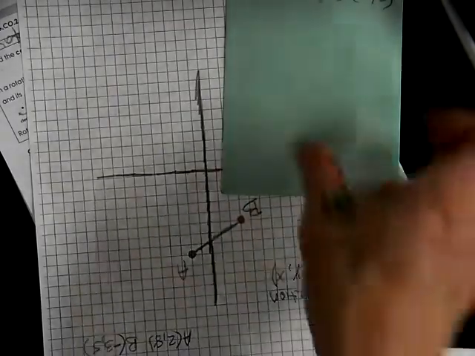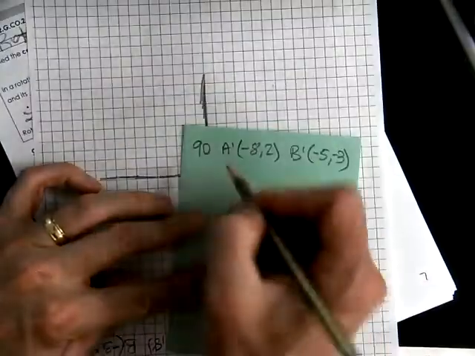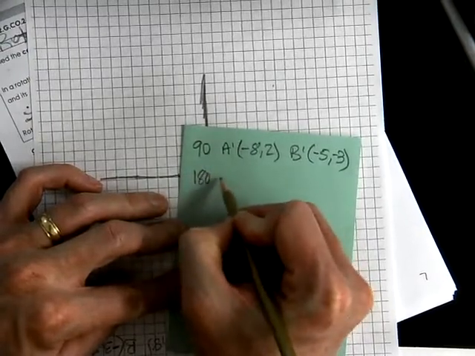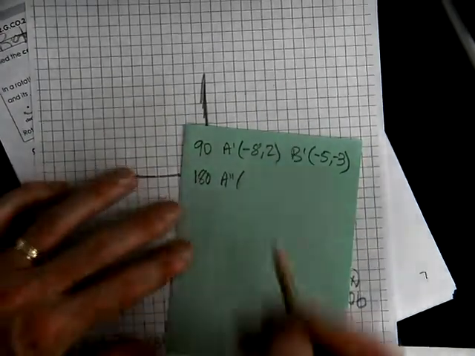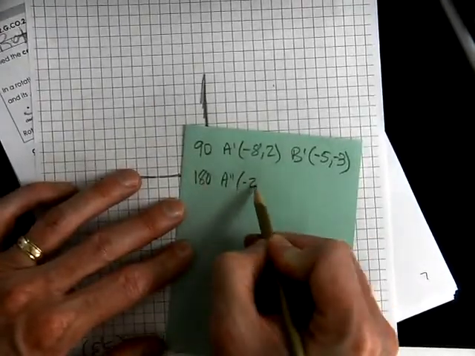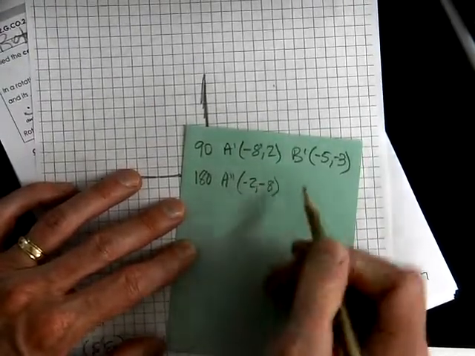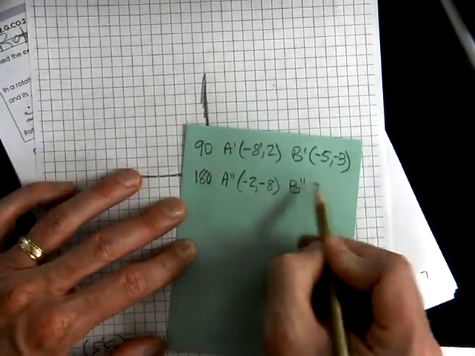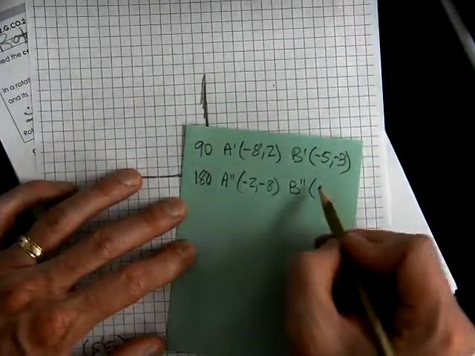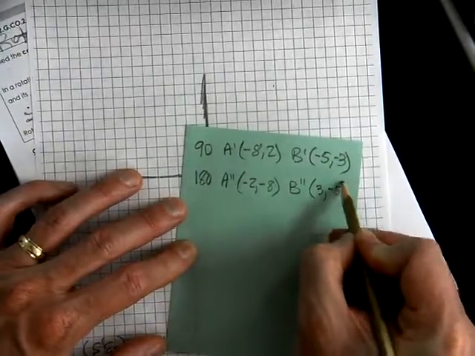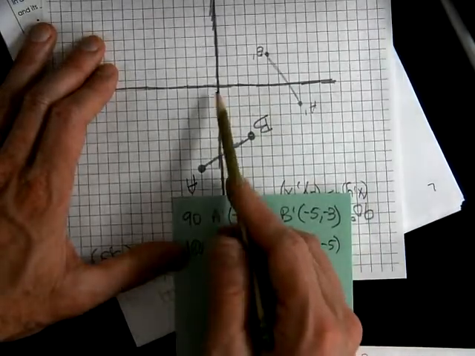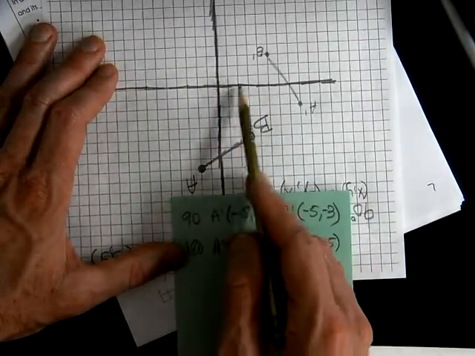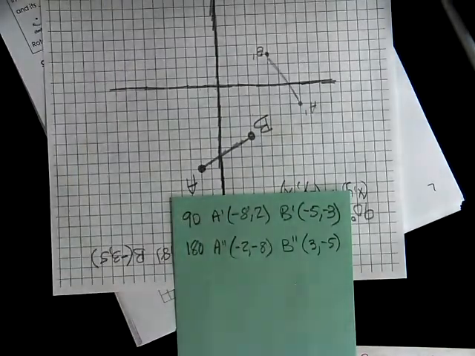For 180, our new coordinate is (-2, -8). And our B double prime is (3, -5). 2 to the left, 8 down. 3 to the right, 5 down. So that is our rule.